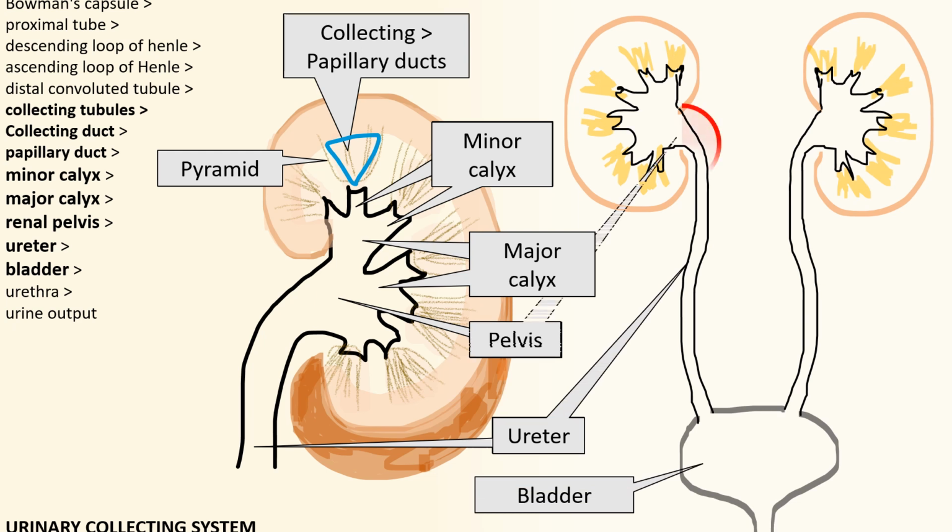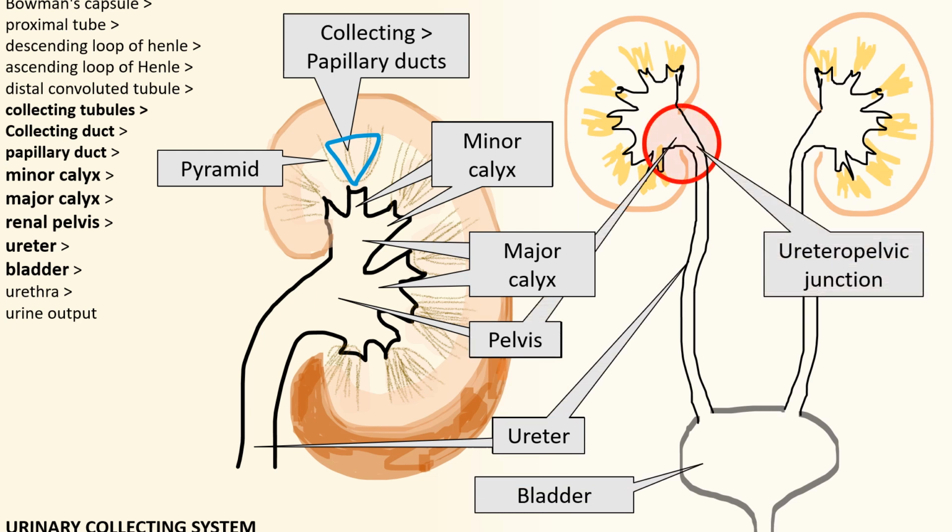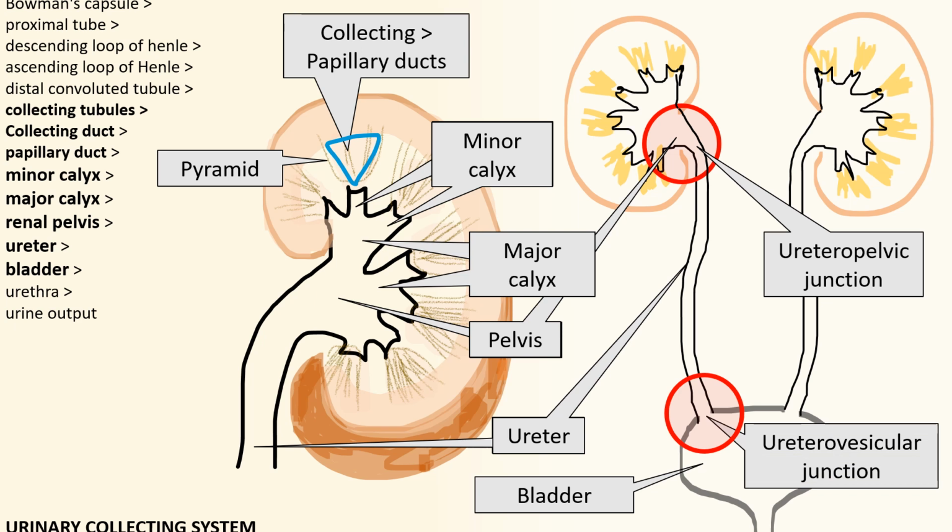The junction where the renal pelvis drains into the ureter is called the ureteropelvic junction, and the junction where the ureter drains into the bladder is called the ureterovesicular junction. It is important to know the different levels of the collecting system so we can communicate with urologists and/or radiologists the exact location of a stone, cancer, or procedure.